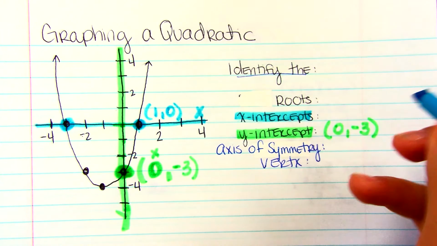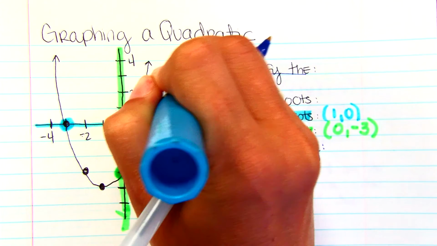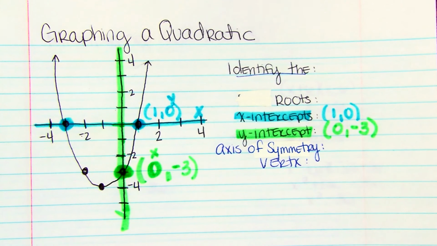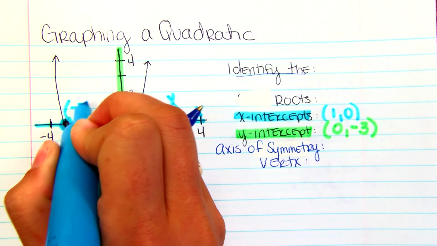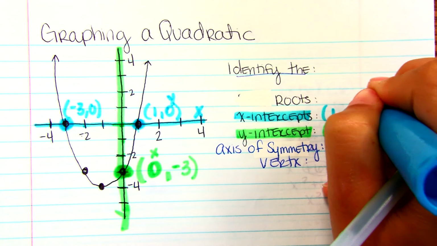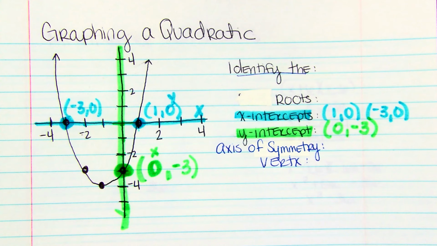The thing about x-intercepts is that there will always be a 0 for the y, because you're going up or down nothing. For this one, I go left 3 units, and then up or down 0 units. So that would be my x-intercepts.